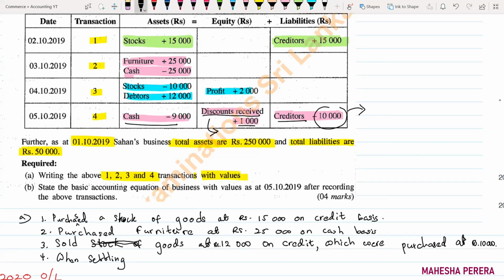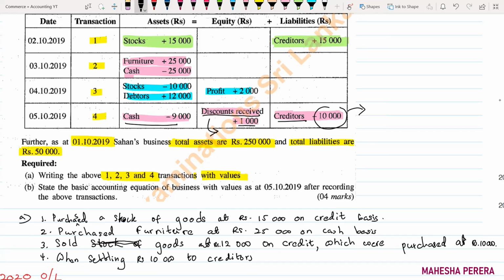Are we clear? The total due amount is 10,000 and the discount received amount is 1,000. This means the cash payment to the creditors should be 9,000 only. So you can write like this. When settling 10,000 rupees, now let's say you can say to a creditor, or you can write in plural using to creditors.